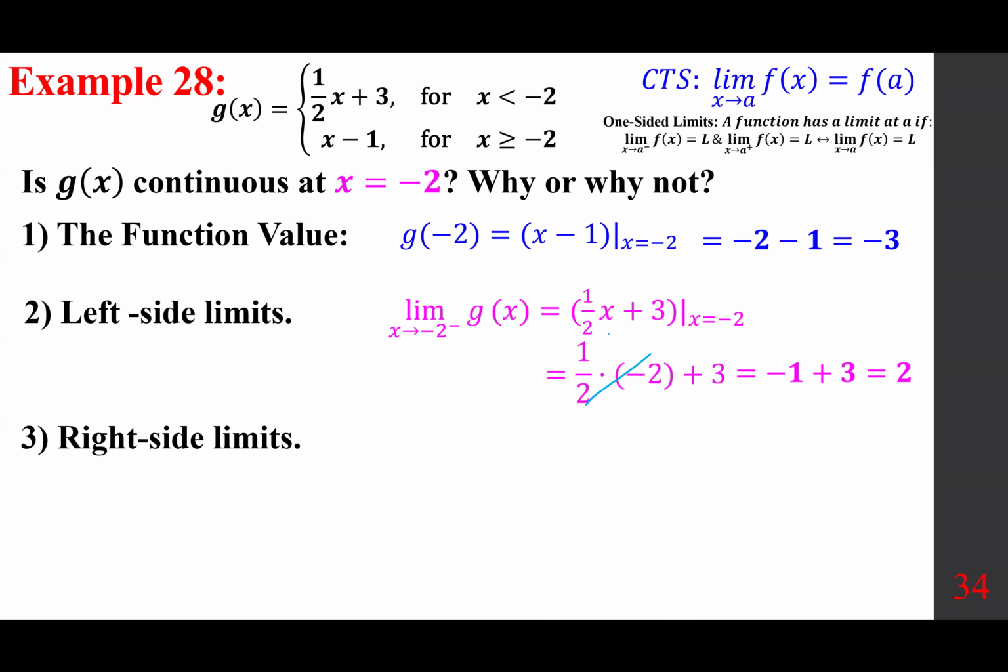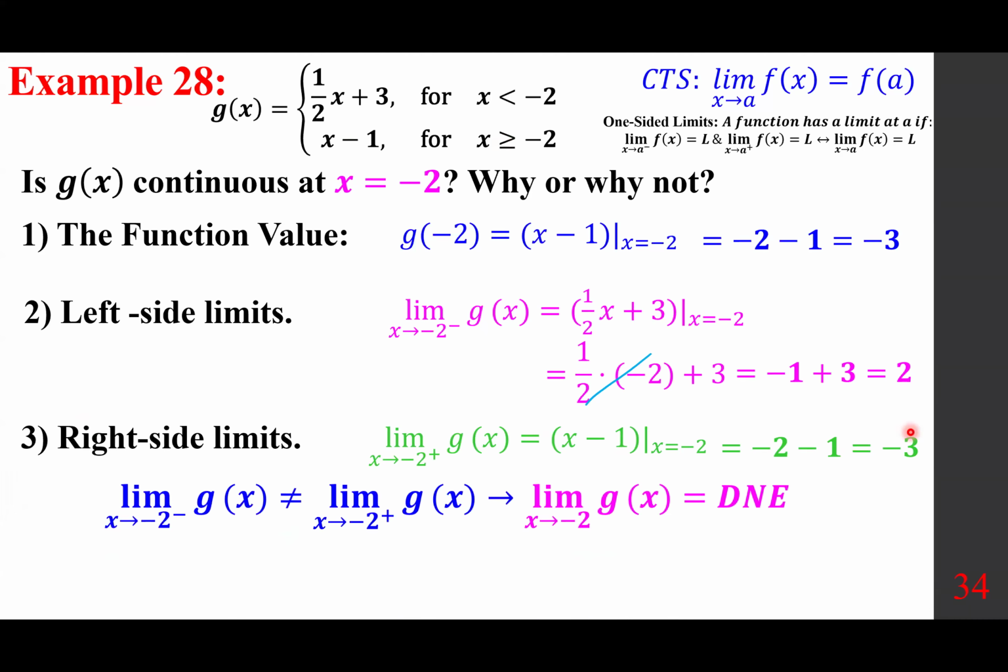The right side limit uses greater than, the second piece. Plug in -2, and we get -3. Because the left and right limits are different, the limit of g of x as x approaches -2 does not exist. And when the limit doesn't exist, it can't be continuous. Therefore, g of x is not continuous at x equals -2.